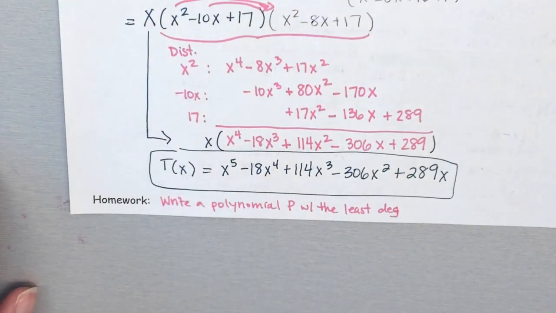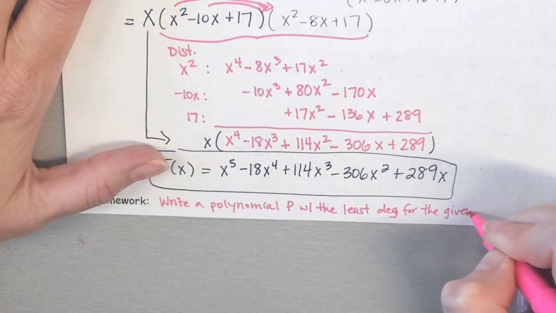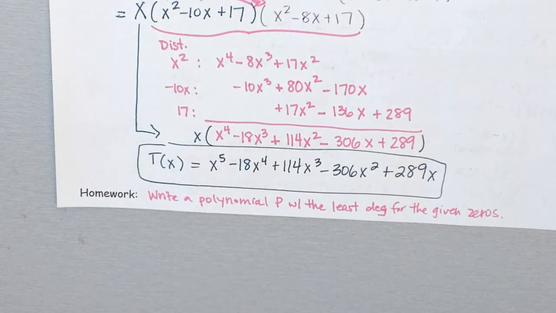Okay, so the least degree is including those conjugates. Okay, so I'm going to give you two of the problems, and then a few of them are going to be from your textbook.